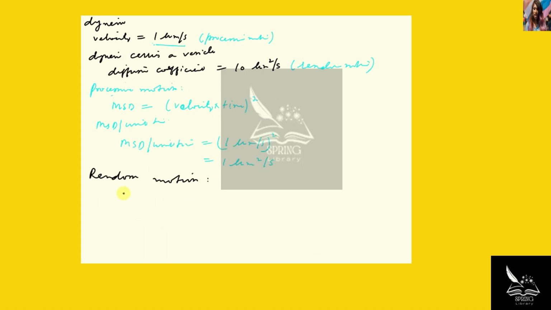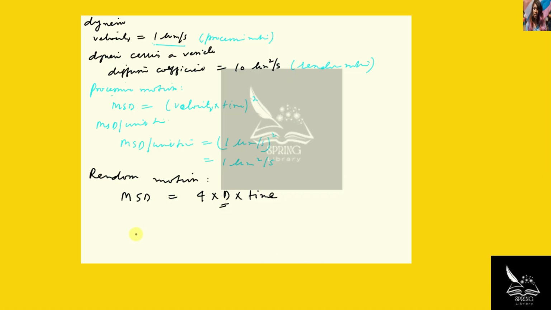For random motion, the mean square displacement can be calculated using the diffusion coefficient, which is given here, and the Einstein-Smoluchowski equation, which is MSD for random motion will be 4 times D times time, where D is the diffusion coefficient.